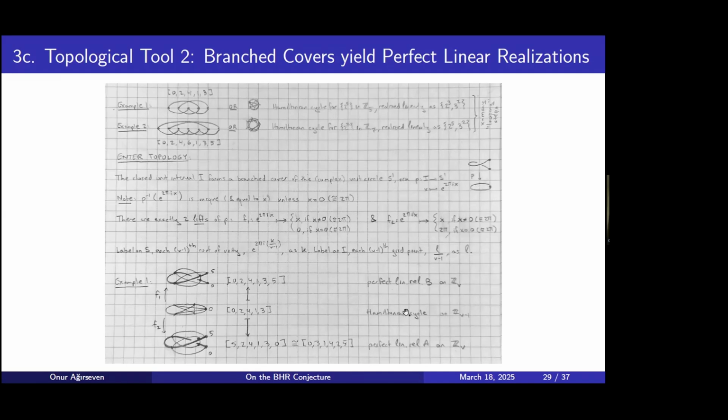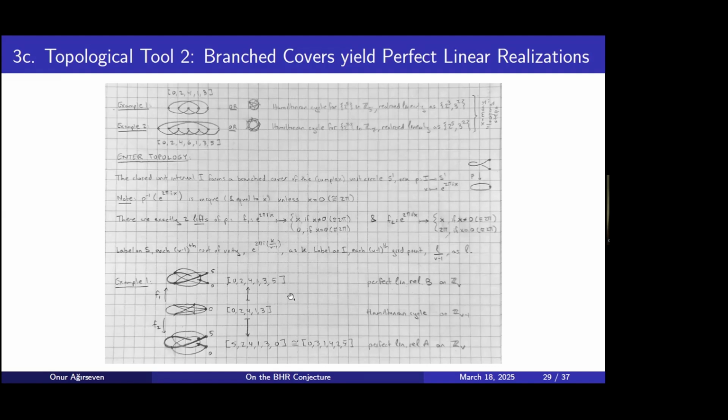So basically, a Hamiltonian cycle in the circle gives you 2 perfect linear realizations, because in this branched cover, there are exactly 2 lifts. One lift is where 0 moves up to 0. The other is where 0 moves up to 1, if you want to consider it in a unit length interval, or if you want to consider it like a 2 pi length arc, to 2 pi.